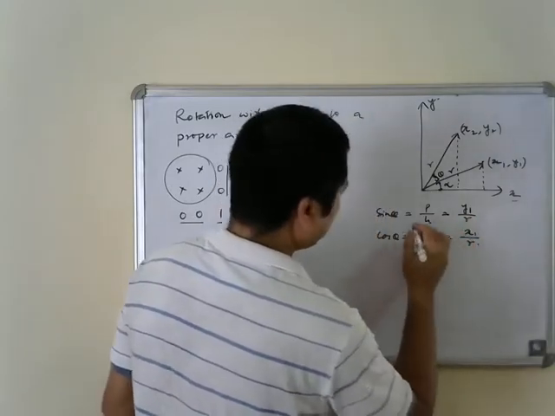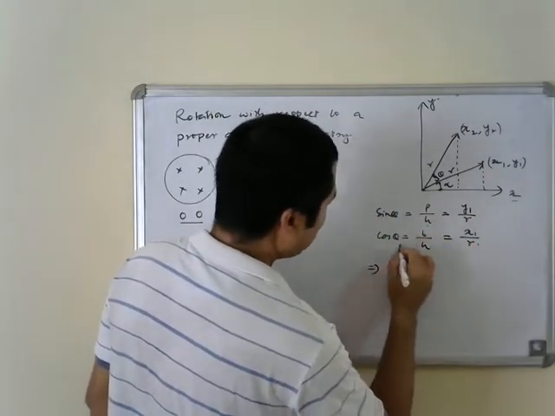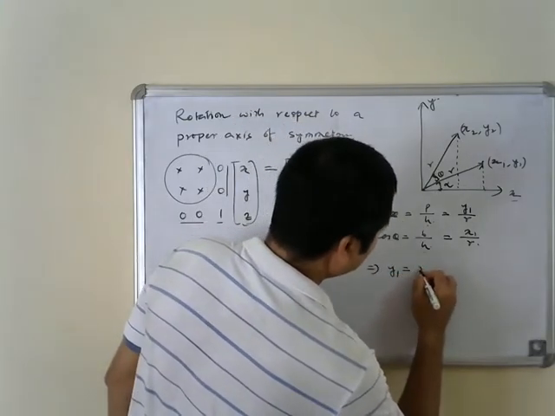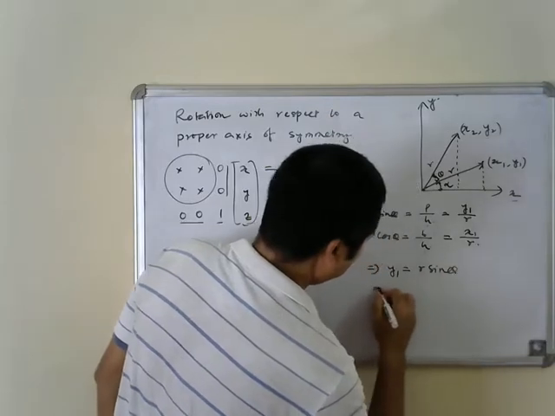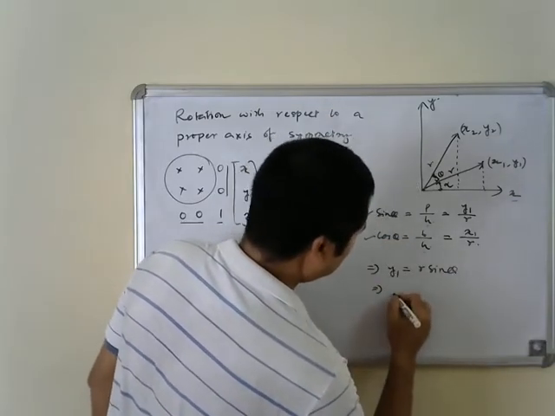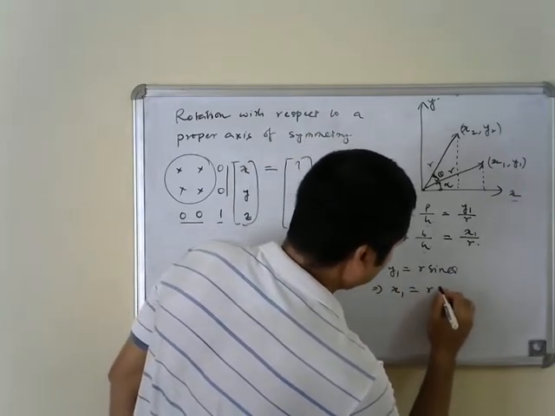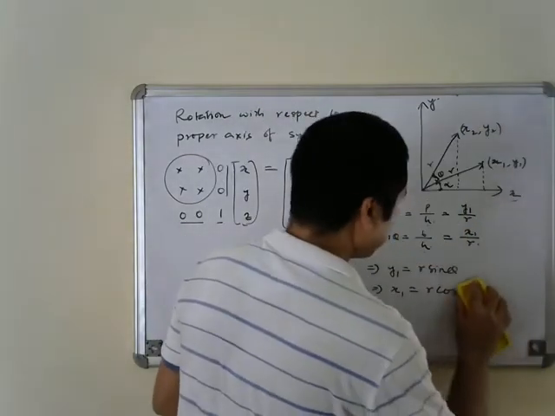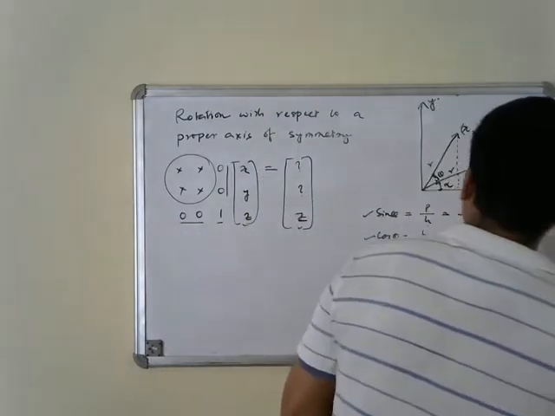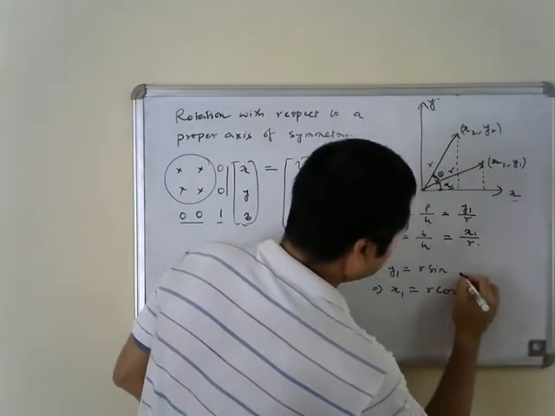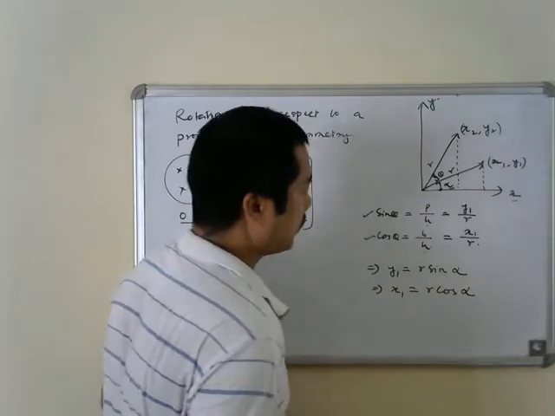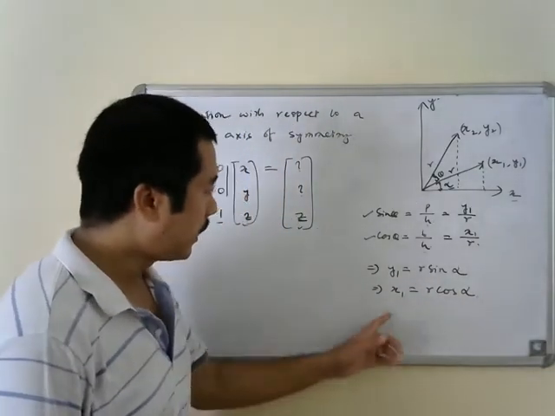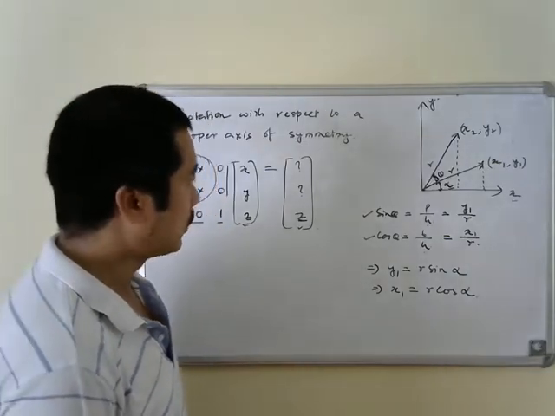So from these two expressions, we can write that y1 is equal to r sine theta, and x1 is equal to r cos... not theta, this is not going to be theta, because this angle is alpha, and this is also alpha. So y1 is equal to r sine alpha, while x1 is equal to r cos alpha.